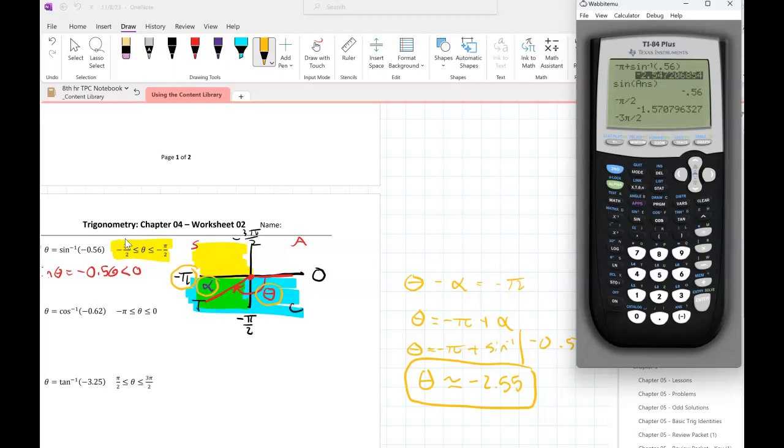Oh, wait. Yeah, so there's 2 questions on the front, there's 2 questions on the back. The questions on the front should be done using the unit circle that is right on the front. The questions on the back should be done using your calculator. Make sure for the questions on the back, you're in radian mode, just like we talked about. If you're not in radian mode, that'll be difficult to get a correct answer.